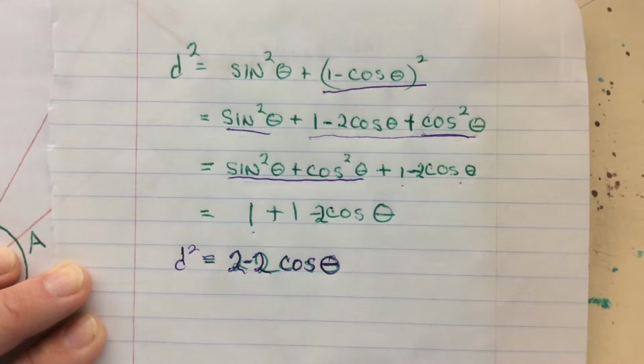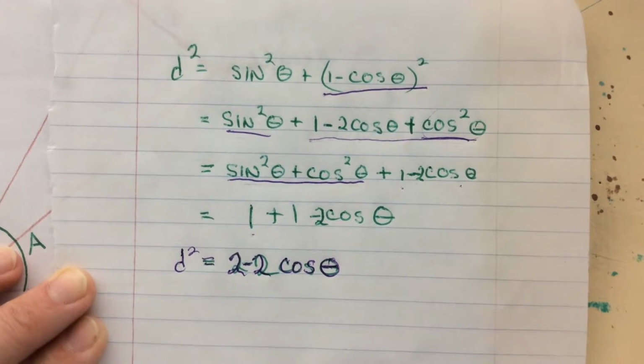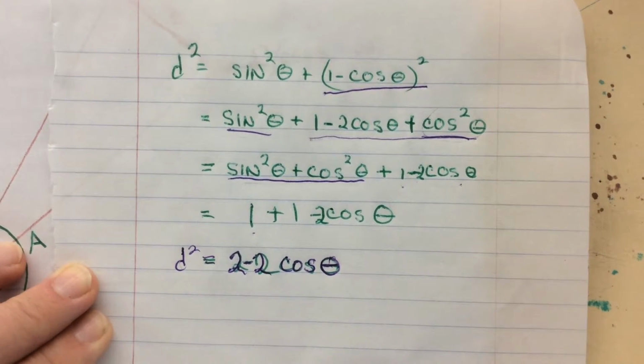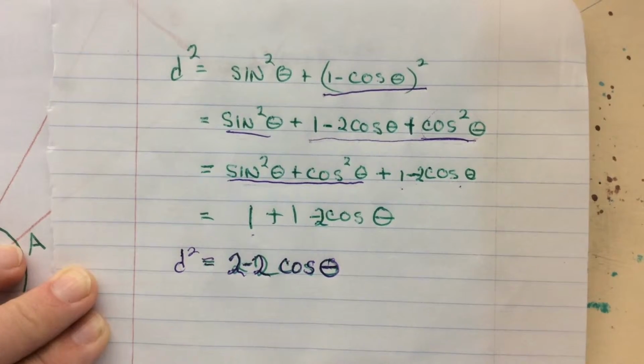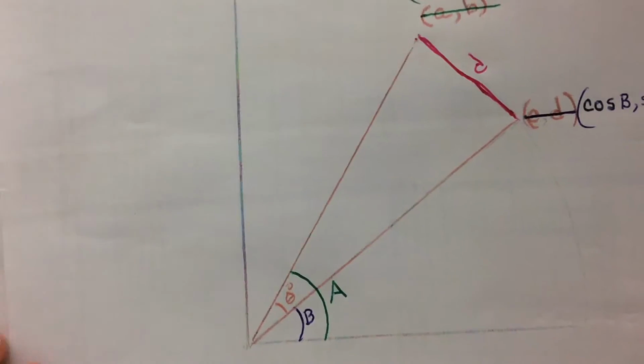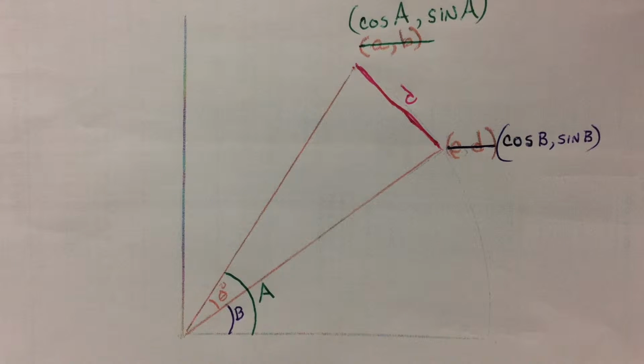But let's remember, this is what happened to theta after we moved it. We didn't find theta sitting in the standard position. We found theta somewhere else altogether. We found theta here, where the two rays that made up theta were actually the terminal rays of two other angles in standard position.